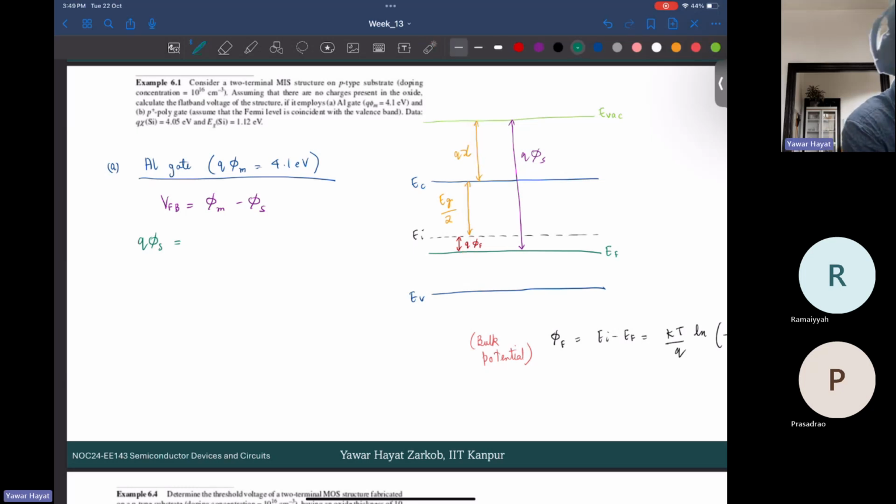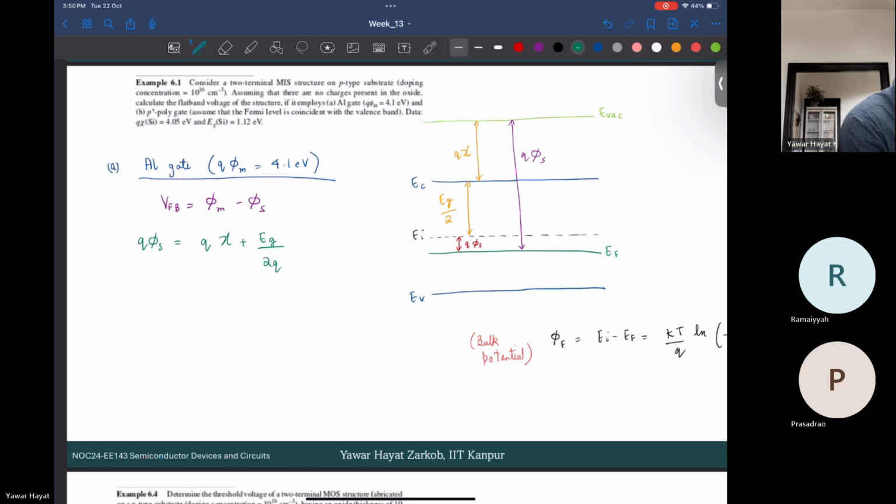What is Q phi s? Electron affinity plus band gap by 2 plus the bulk potential.